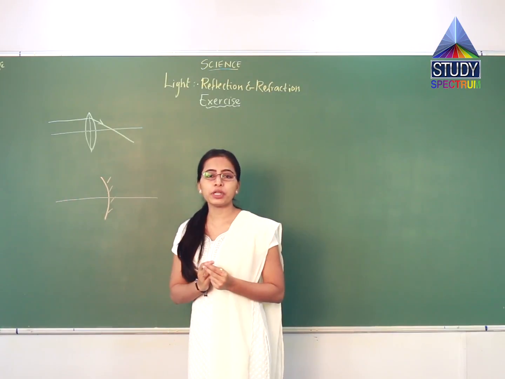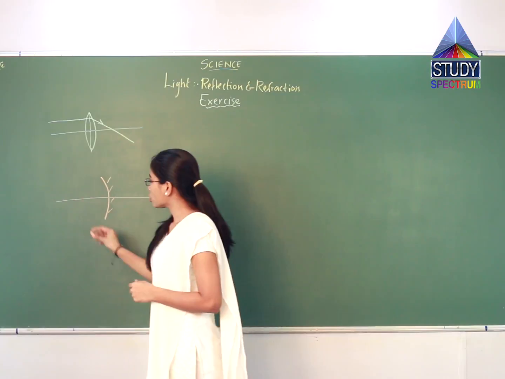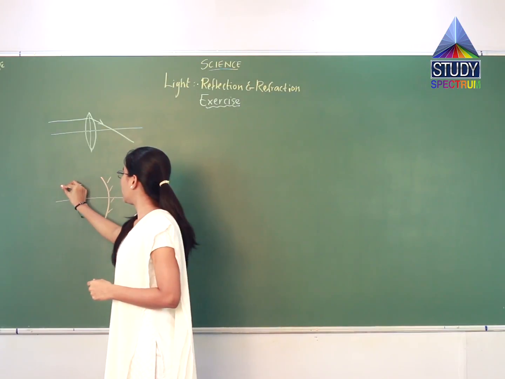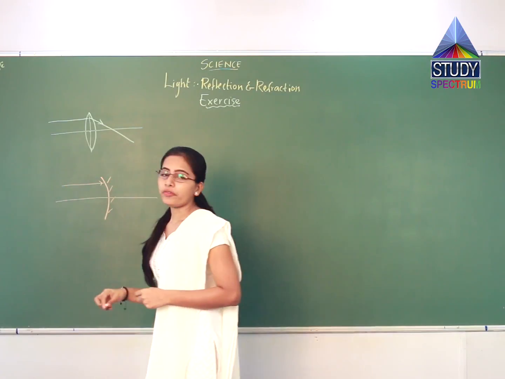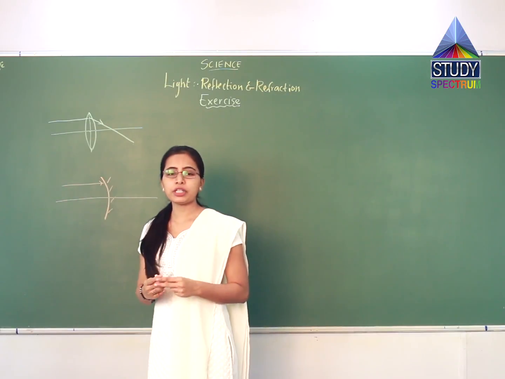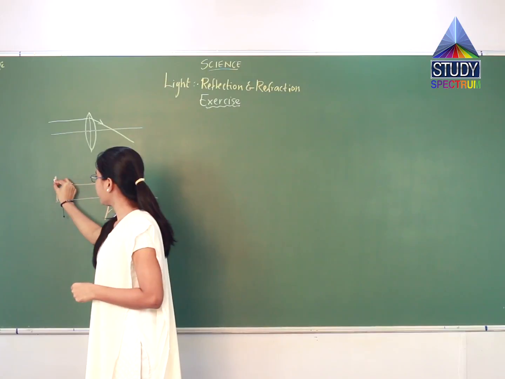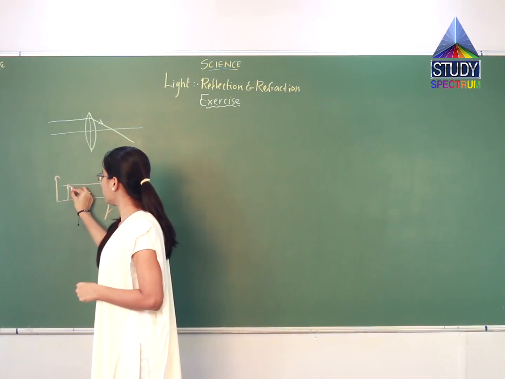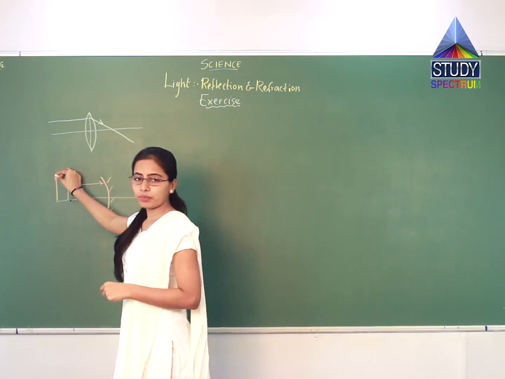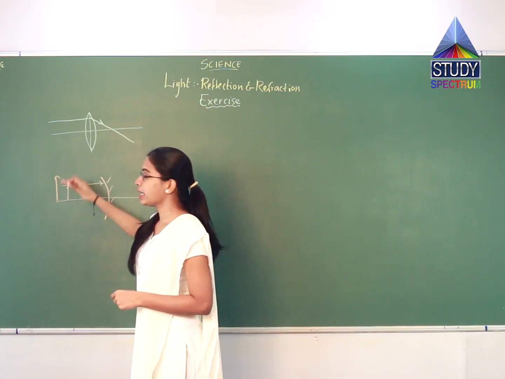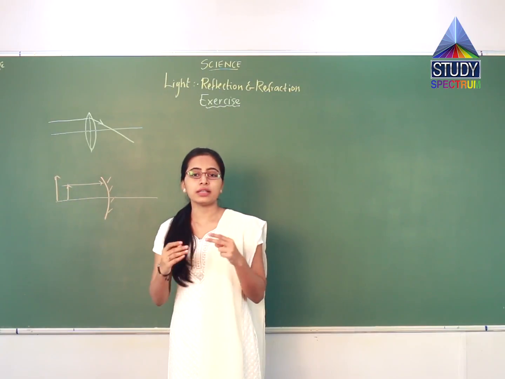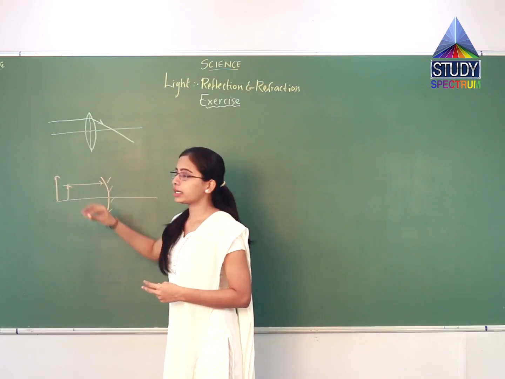Virtual image means it is not real, so definitely it will form on the same side where the object is kept. It is erect, meaning like this. Suppose this was the object, so this is the image. It is virtual, erect meaning straight, and larger than the object, as you can see.